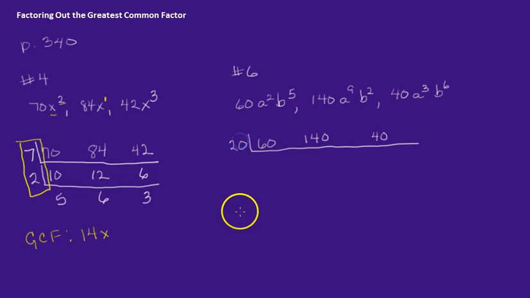So I put 20 out there, and then I do my little divisions for each one. 20 goes into 60 3 times, 20 into 140 is 7, and 20 into 40 is just 2. I get down to this row of numbers and I'm left with 3, 7, and 2. Those only have a common factor of 1. So my greatest common factor for this set of numbers is going to be 20.